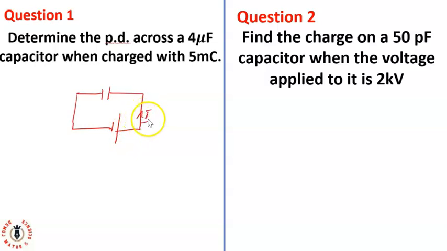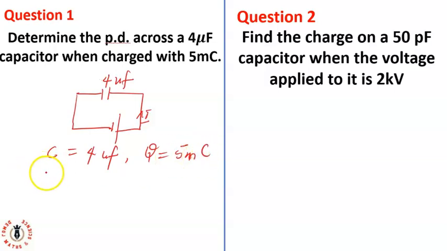Here's the current I. The capacitor has a capacitance of 4 microfarad. That is, the C here equals 4 microfarad and the Q, which is the charge, equals 5 millicoulombs.